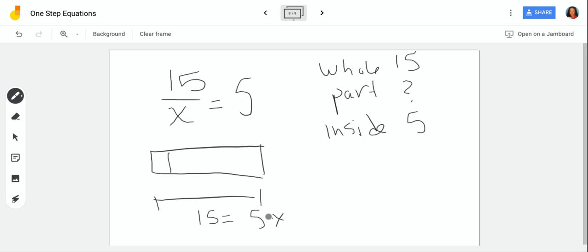And if I rewrite it like this, now that looks just like the problems that I started with, right? So I'm actually going to divide 15 by 5, and that's going to tell me what x is. So x is equal to 3. So if I make 3 parts, 5, 10, 15.